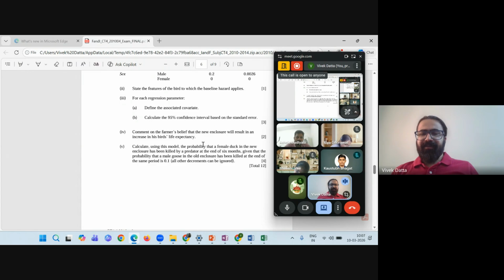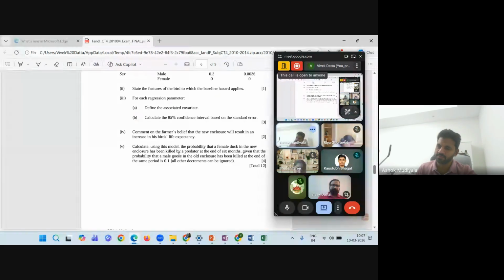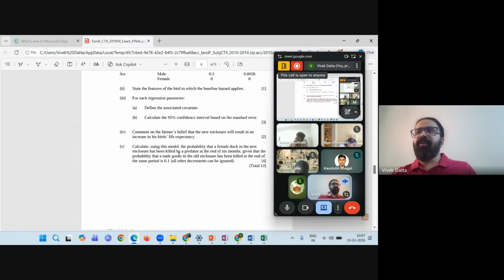Then equate the value of the baseline hazard, which is e raised to minus the integration from 0 to t of h naught t. You will be able to find that. You plug it into the female duck in the new enclosure, the same way we did that sum and the previous ones. Understood? Solve.